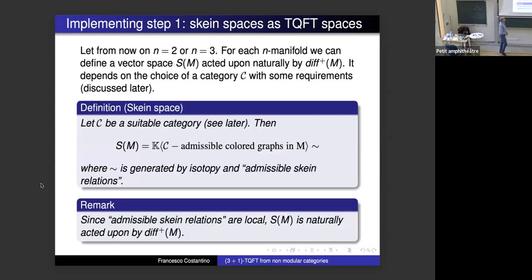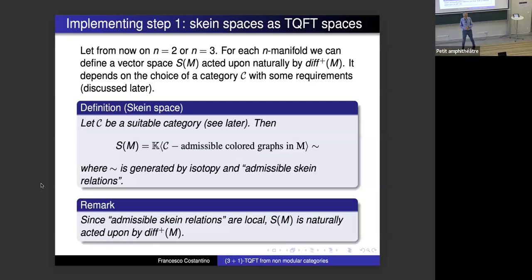So again, from now on, think about n equals... the Juhasz theorem holds in any dimension, n can be anything, but here we're using dimensions 2 and 3. So pick the n you prefer. And so a natural way to associate a vector space to an n-dimensional manifold is to take what I call admissible colored graphs in M. People also call them spin networks or spin graphs.